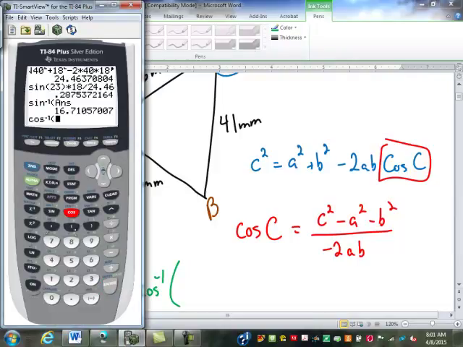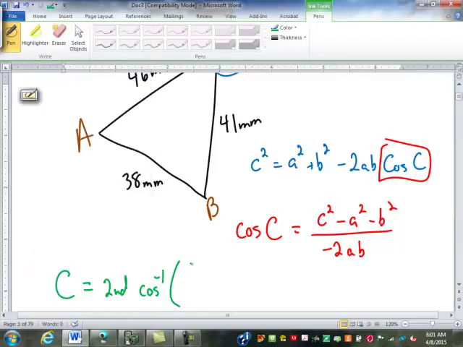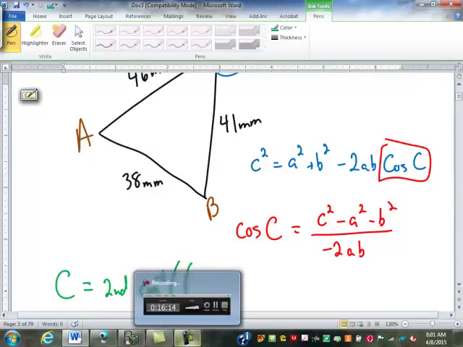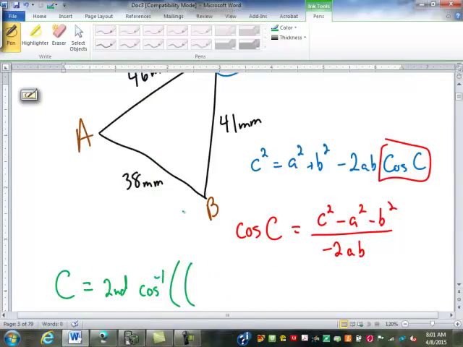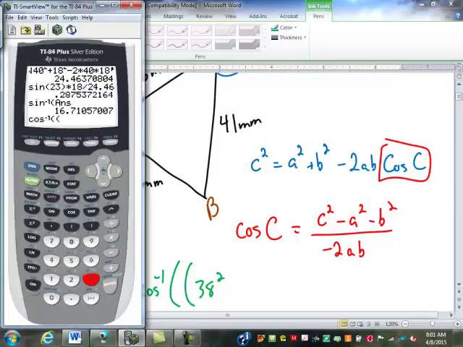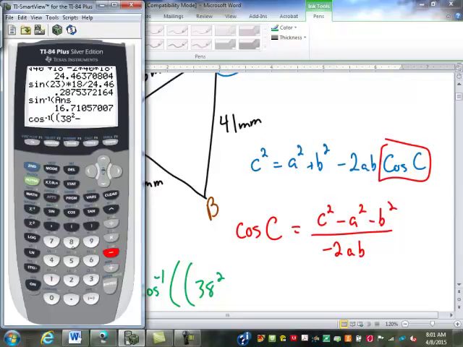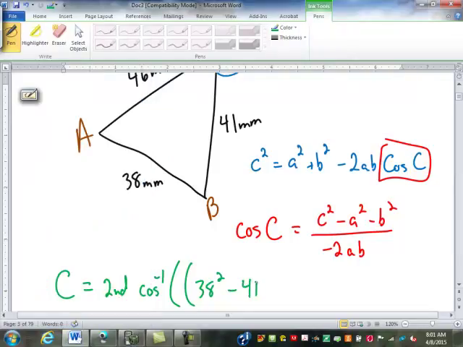But you're going to need another parenthesis. Put in a second one, open parenthesis. So now you have C squared, which is the 38. So 38 squared, minus A squared, which is the 41. So minus 41 squared. Minus B squared, so minus 46 squared.